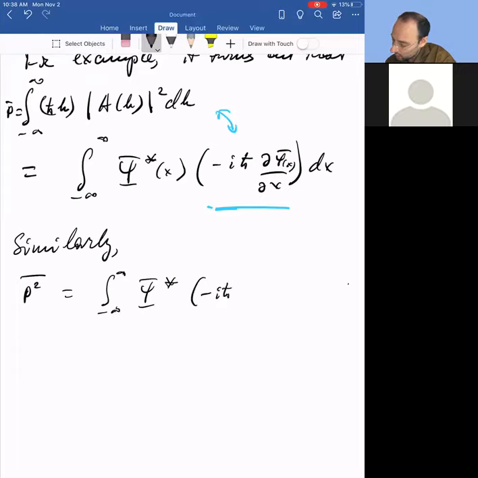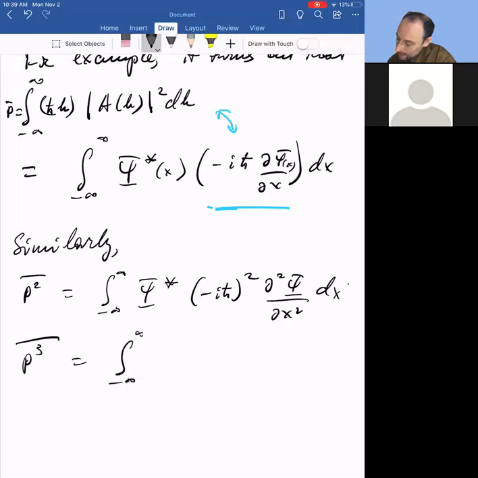Minus i h bar quantity squared times the second derivative dx. And if for some strange reason you wanted this, you could compute the third derivative dx, and so on. Okay.